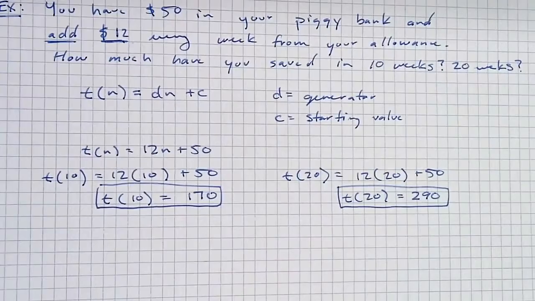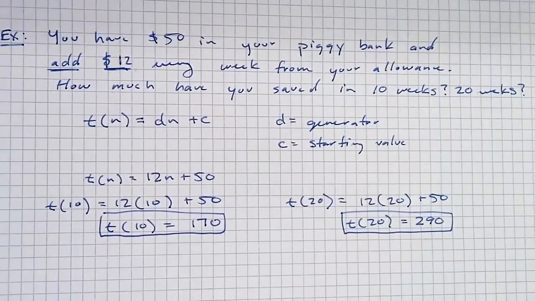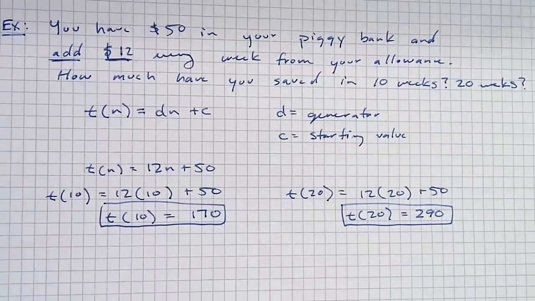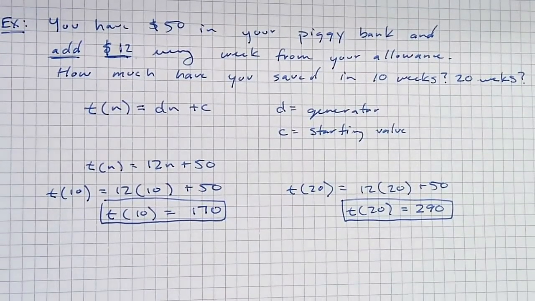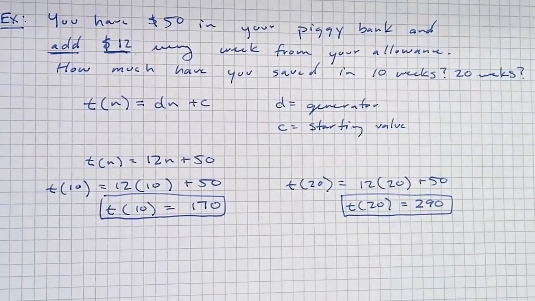After 20 weeks, you'd have 290. It's the same process as if you were just given the sequence, right? 50, 62, 74, and so on. You come up with the equation like so.